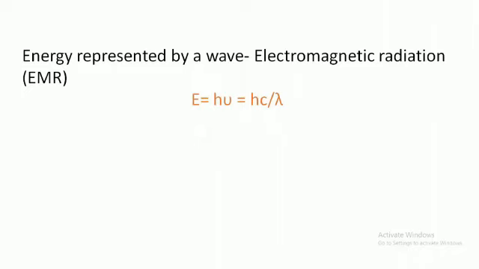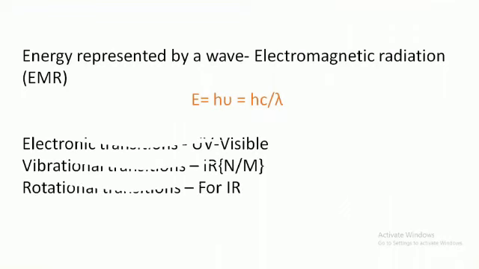It is given by the most common equation E = hν, where ν is the frequency of the wave, and ν is also equal to c/λ, where c is the speed of light and λ is the wavelength of the radiation we are interested in studying. h is Planck's constant.